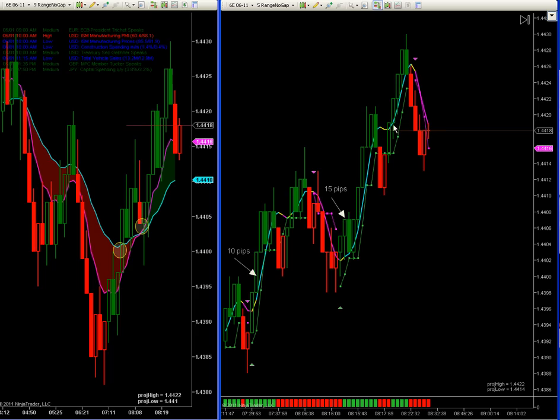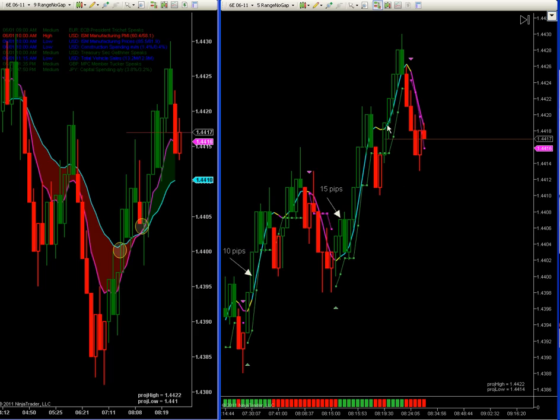Yellow means undecided, and then we have this candle close above the aqua. So for us, for re-entry, we'll enter right upon opening of this candle here, which will be 44.19.